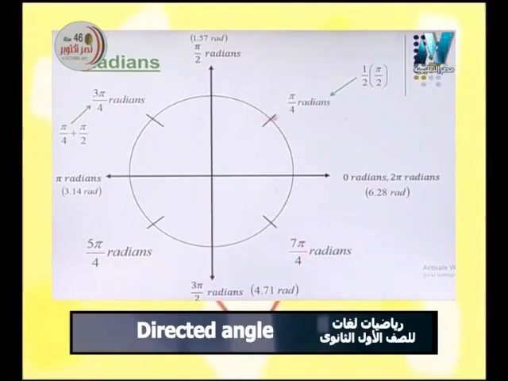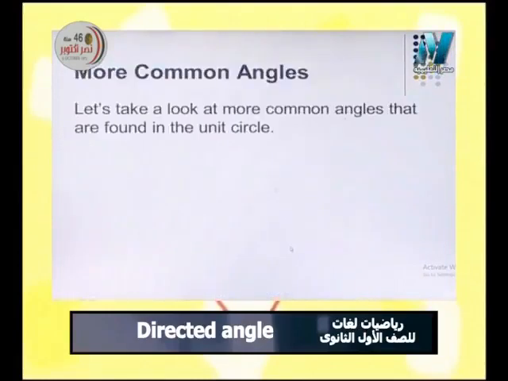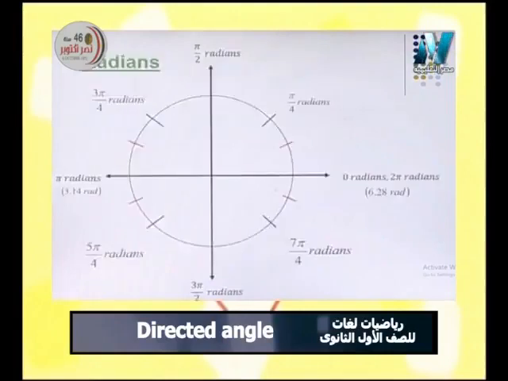We add in the middle here pi over 4, which is 45, 3 pi over 4, and 5 pi over 4, and 7 pi over 4. Let's talk about more common angles. Let's take a look to more common angles that are found in the unit circle. We will explain what is the unit circle here.